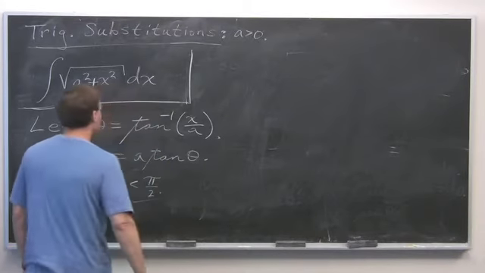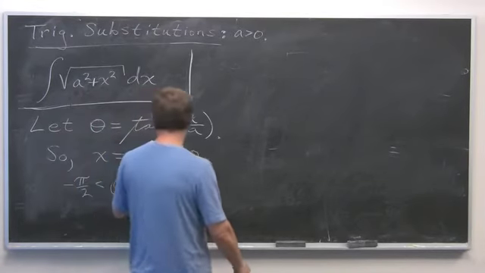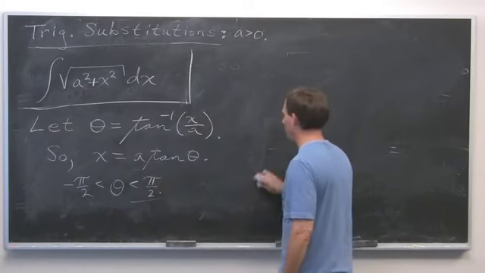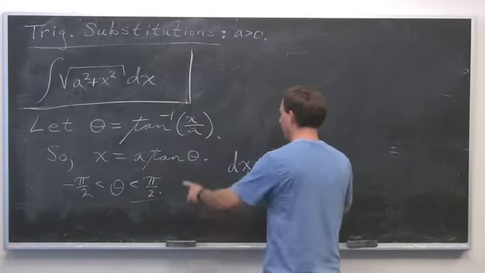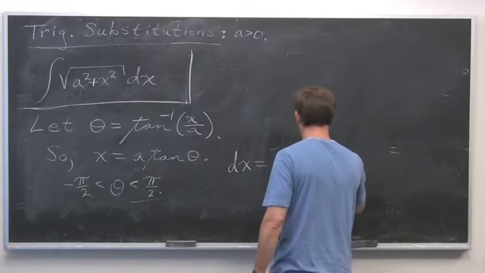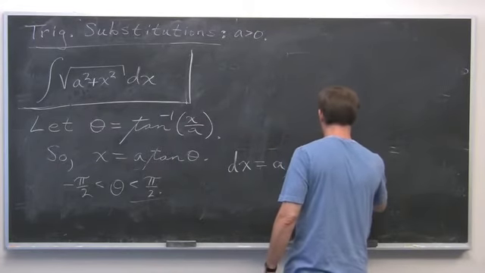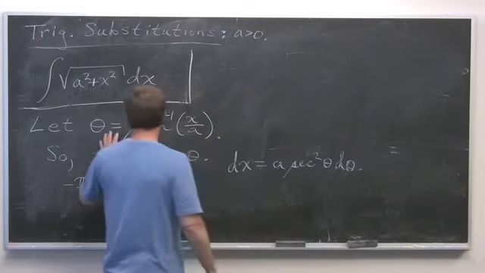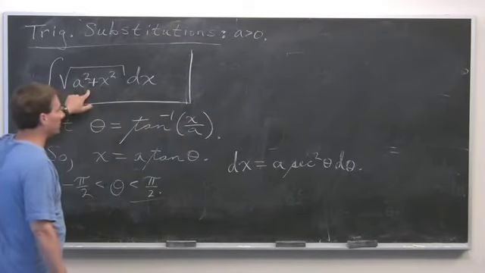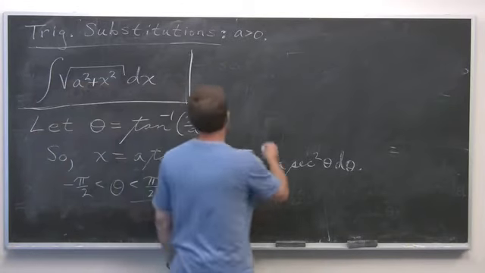Great. So what happens now? Well, x is a tan theta. So dx is a times the derivative of tangent, secant squared theta, d theta. We need to figure out what the square root of a squared plus x squared is. So we do that.